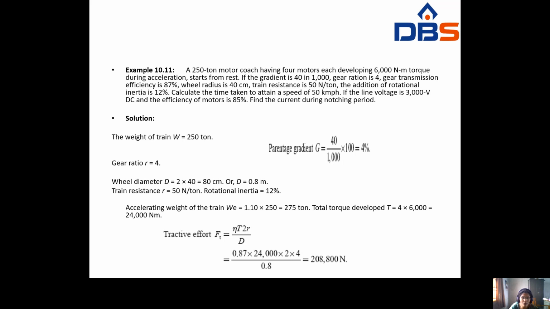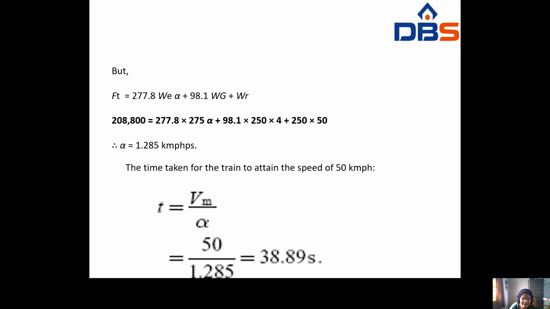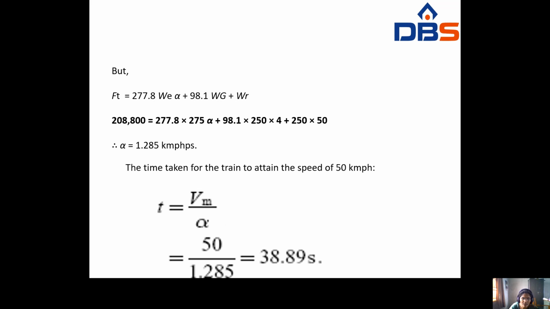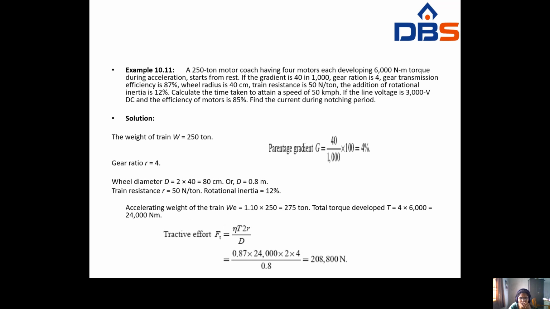Here you have to find out the time period. What is the formula to find the time period? T equal to Vm by alpha. So we have to find out the alpha value and Vm value. The Vm value is already given in the problem as 50.